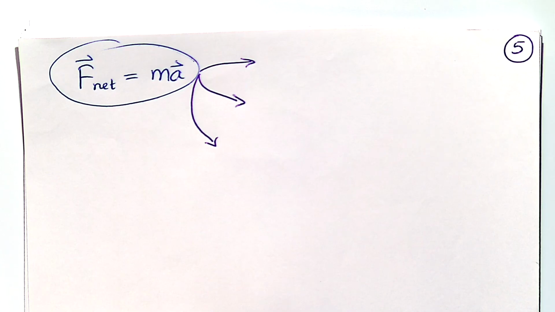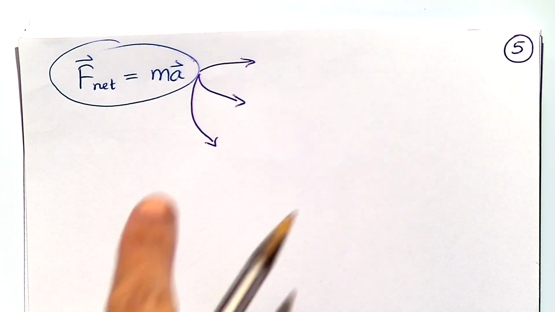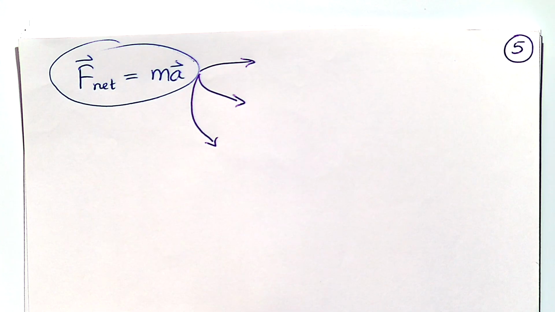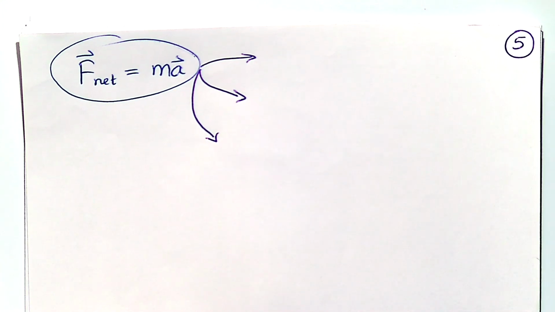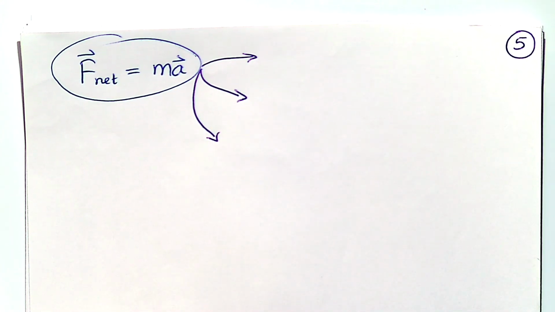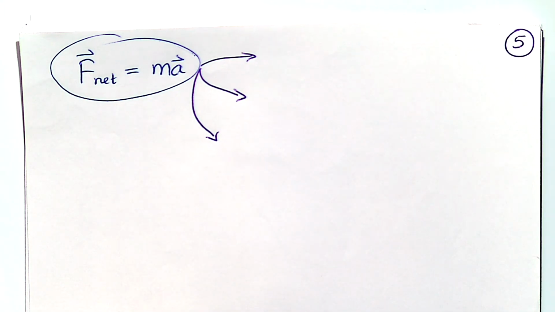That's just because mathematically there's a way to pack a lot of information in a very short notation. That's an advantage because you don't have to keep writing 3 equations every single time. But it's also somewhat of a disadvantage, especially in the beginning, because it's not obvious that this is actually 3 equations.